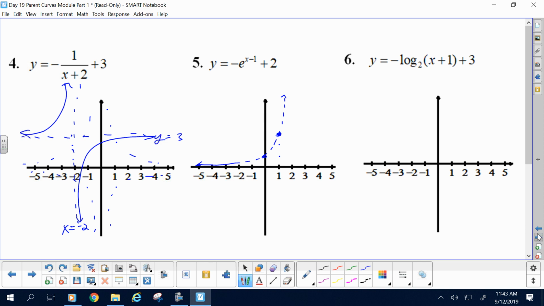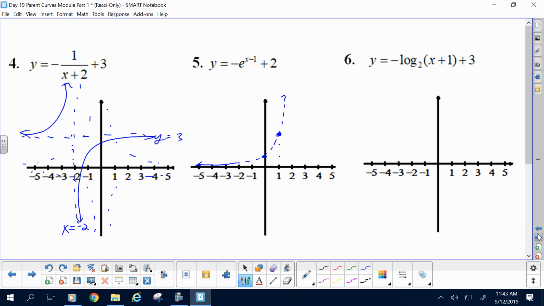Okay, question? When the negative is on the outside, it's on the function itself. The function is one, so when it's outside, you can change the function.